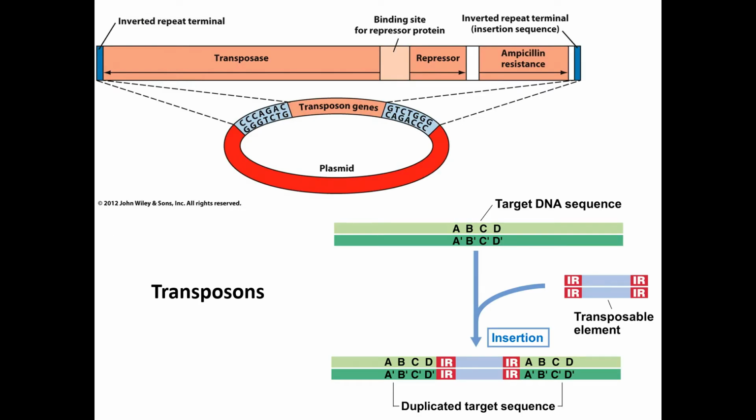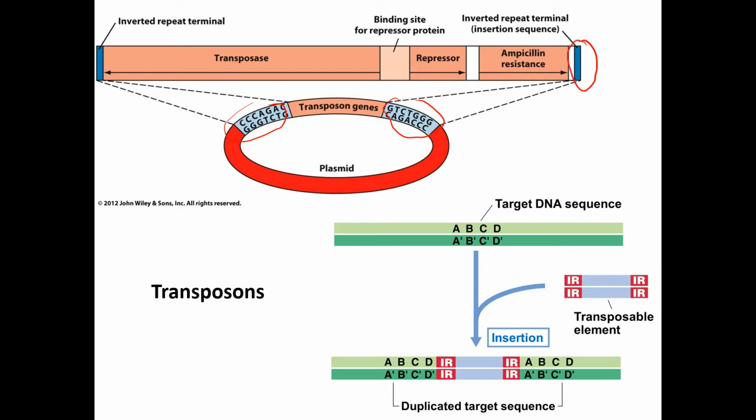Alright, so here, what you're looking at is a transposon. For example, in a plasmid, you have an example of a transposon. And this transposon has a region of inverted repeats.